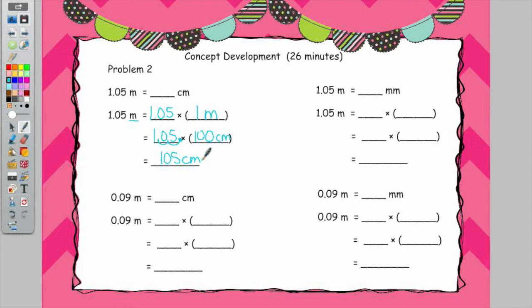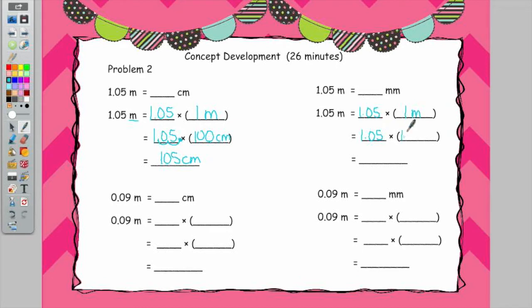Okay, let's try it on the next one, but instead of centimeters, what is it? Meter. So 1 5/100 meters times 1 unit. What is 1 unit? Meter. 1 meter. 1 5/100 times how many millimeters are in a meter? 1,000.